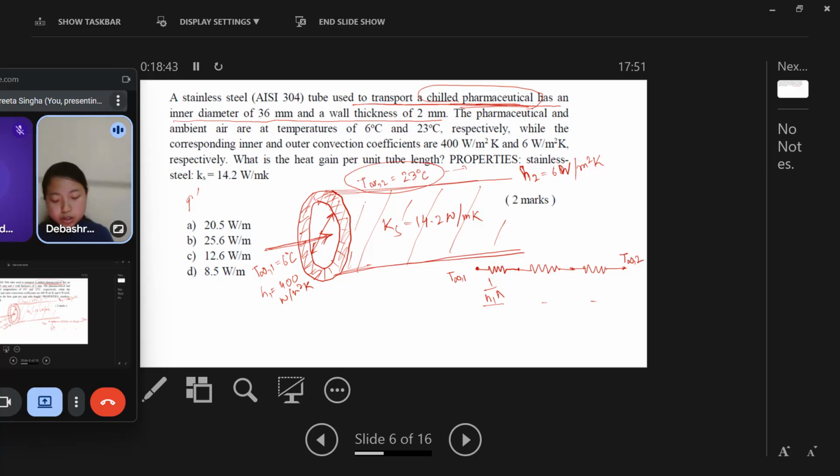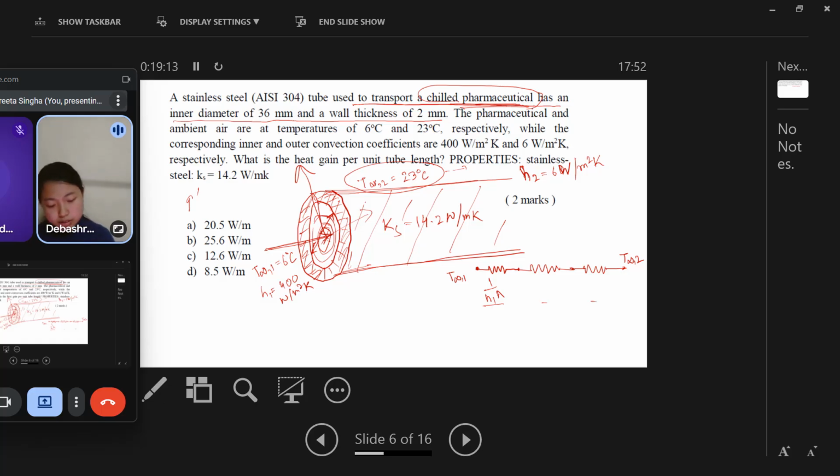Why is it different? Because the heat is coming out radially, from the inside to the outside ambient air. The first radius is very small, the next radius is a bit bigger, and the radius keeps on increasing. That's why the area keeps changing from inside to outside.